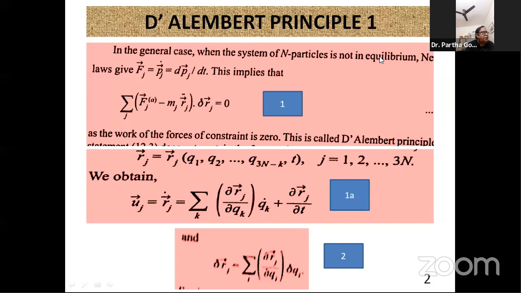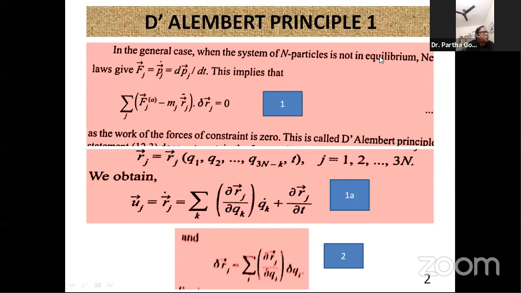So one obtains the velocity vj, which is rj dot, drj/dt, from the chain rule, one can write as the sum over all k of drj/dqk times dqk/dt, with k running from 1 to 3n minus k, plus partial rj by partial t.